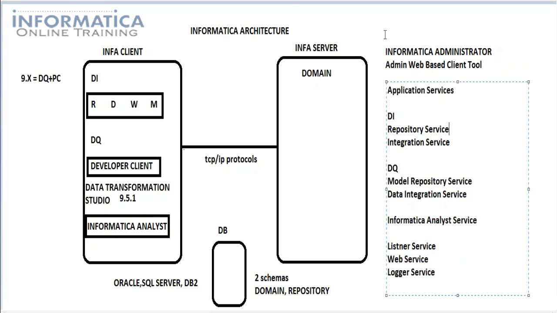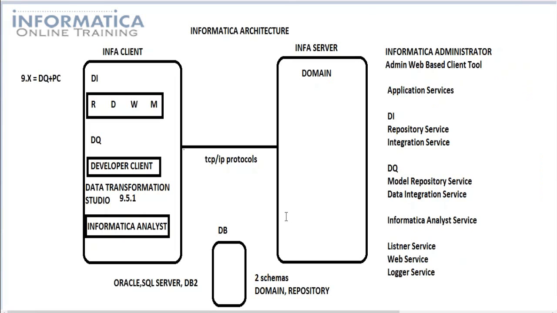So what is this repository service? If you observe, in the last class, when you wanted to create any ETL, first of all we logged into the repository service. This repository service is created within the domain.